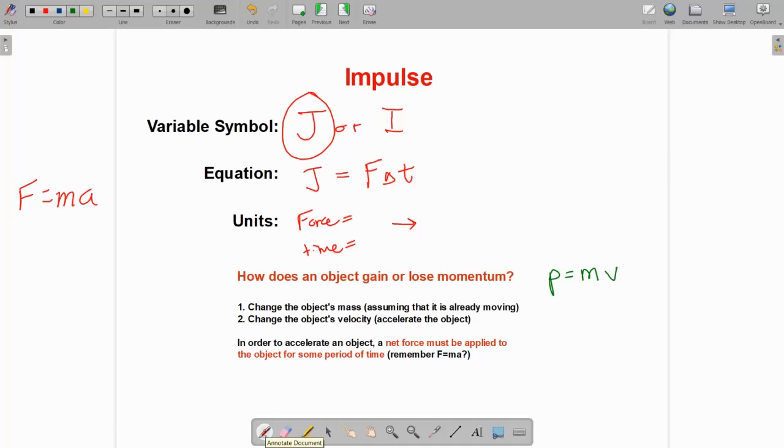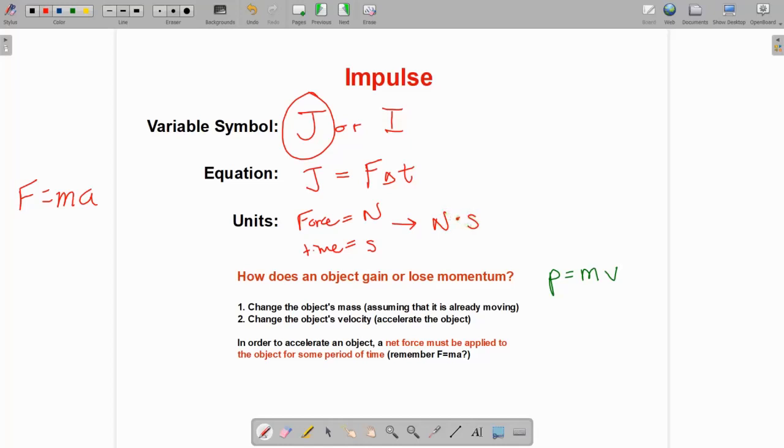Before we jump in to a little demo, let's come back to this real quick. I want to talk about one more thing. For the units here, force is measured in newtons, and time is measured in seconds, so the units are newtons times a second.